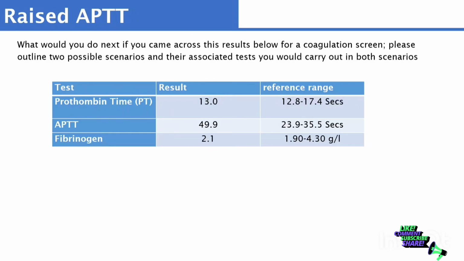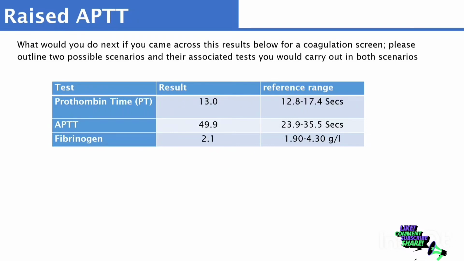Like I mentioned in my previous videos, what this means is that the extrinsic pathway is okay and the common pathway appears okay as well, but in the intrinsic pathway, perhaps something is happening. So it will be important to start by mentioning the fact that APTT measures the intrinsic pathway.